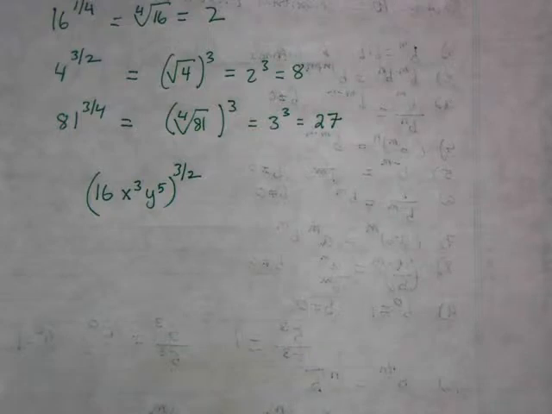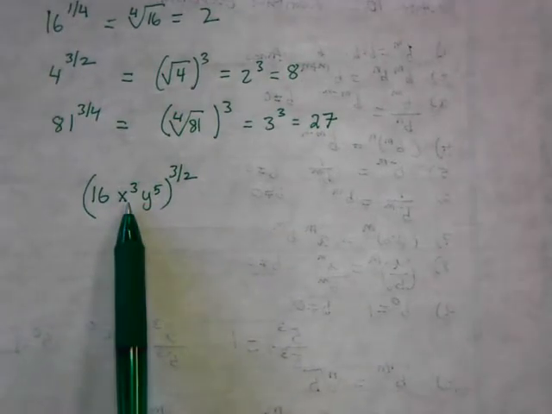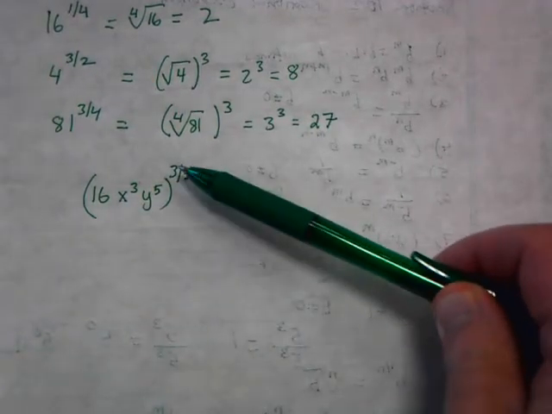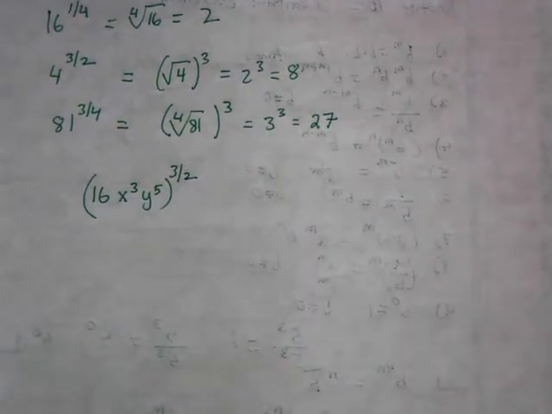What would you do with 16 x cubed y to the 5th all raised to the 3 halves? Well, we've got stuff inside a parenthesis with an exponent on the outside. What does this exponent do? It goes in, it's kind of like a distributive property.